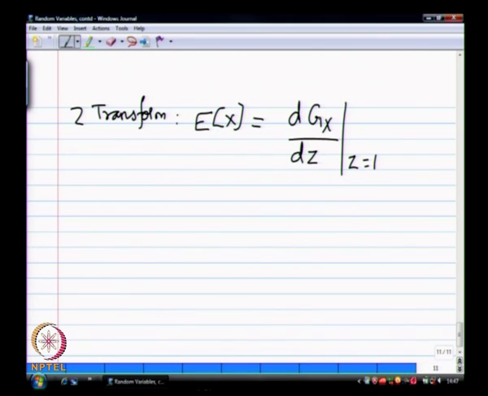In fact, with this you can not only get the moments, you can also get all the probabilities. P of x_i can also be obtained, but we will not look at that right now. In this one only E of x and E of x squared are defined, unlike the other one where all the other moments can be obtained.